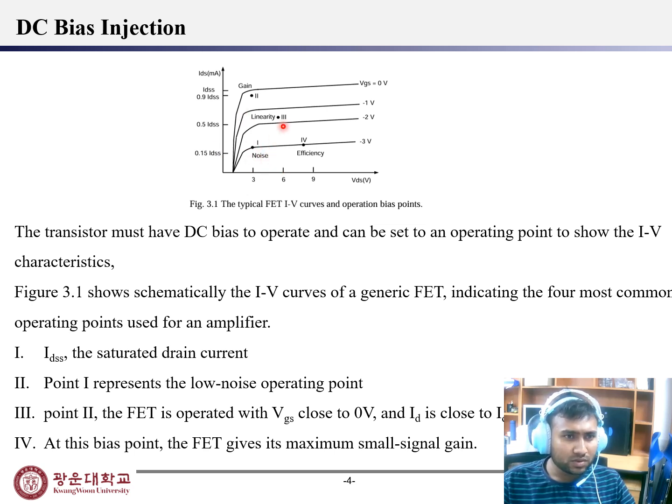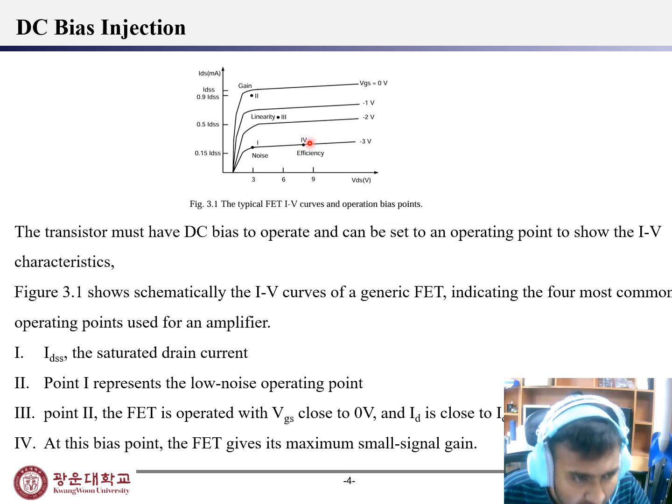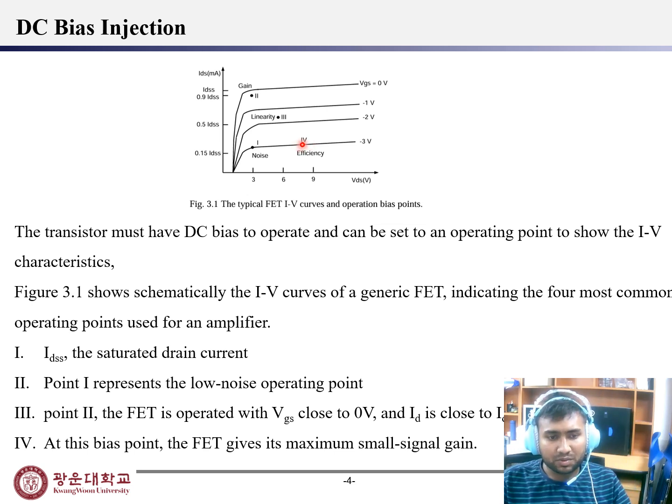At point 2, the FET is operated with VGS close to 0 volts and IDS close to IDSS. At point 4, this bias point, the FET gives its maximum small signal gain.